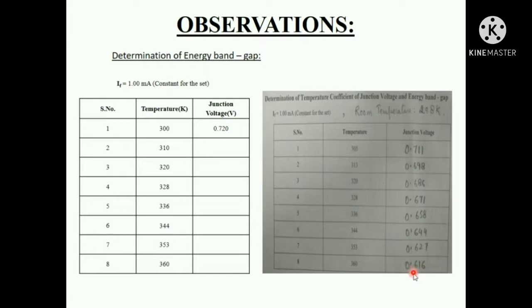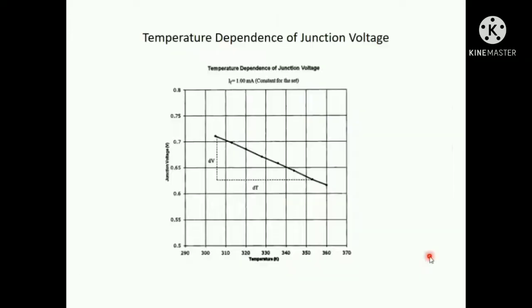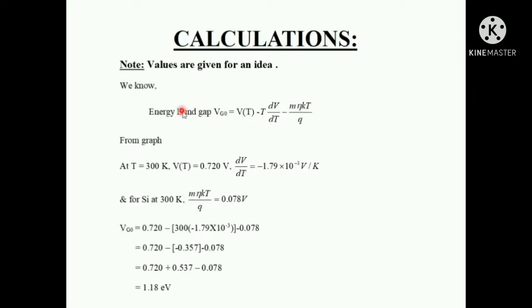So on the right hand side we have shown the readings we have taken in this experiment and then plotted the graph. So this graph is again a straight line having a negative slope, and then from here we calculate the slope and put it in the equation for VGO as we have already discussed.